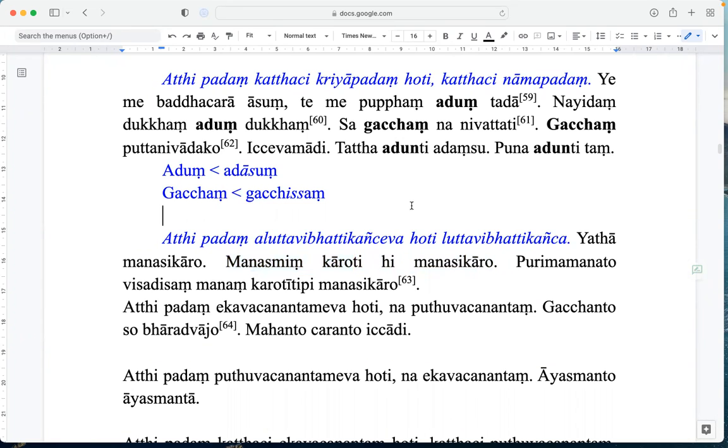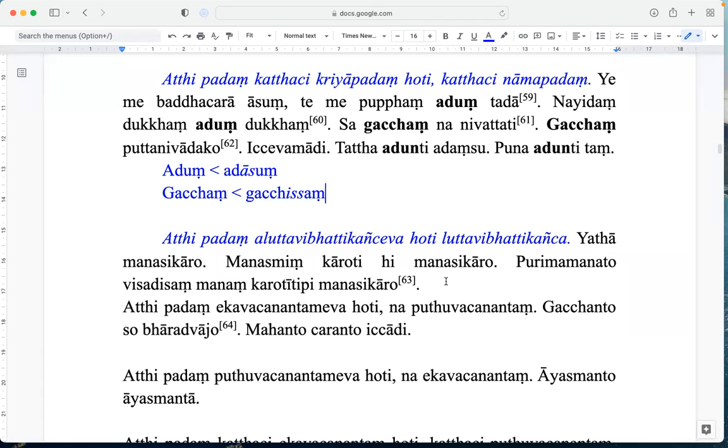I have a question about the usage of eva and ca. Sayadaw translated it as either or. Yes, eva ca is either or, and neva na is neither nor. Also, some scholars translate it differently.